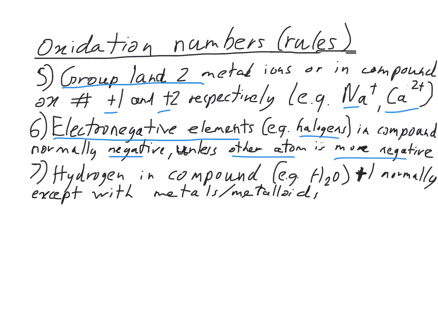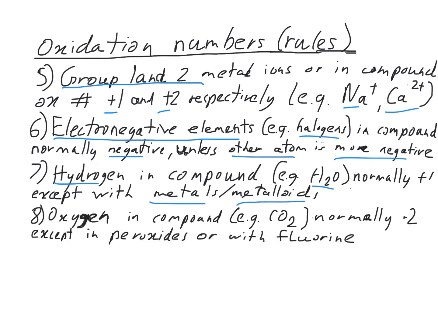Your next rule is probably your most useful rule, and that's the hydrogen rule. Generally, hydrogen, when in a compound, such as H2O, is +1. The only exceptions to this are in rare cases when hydrogen bonds to metals or metalloids. But normally when you see hydrogen, each hydrogen is +1. So in H2O, the two hydrogens together are +1 each, +2 overall.